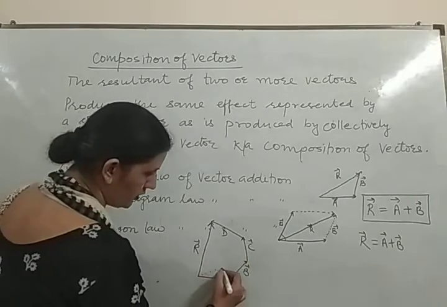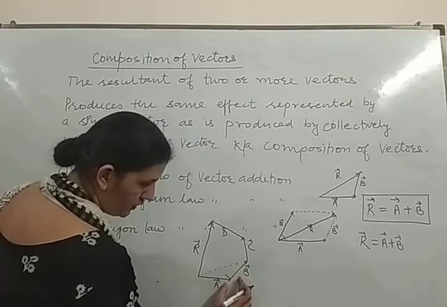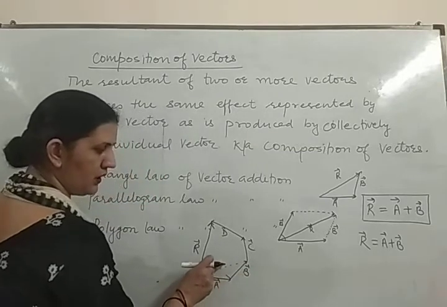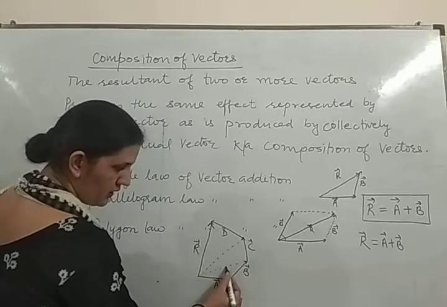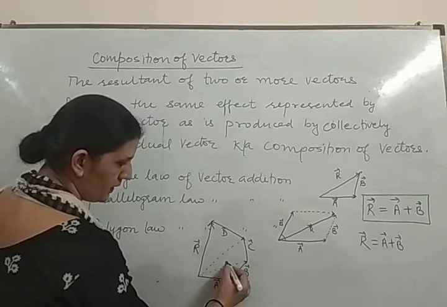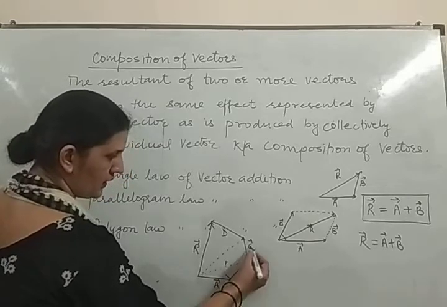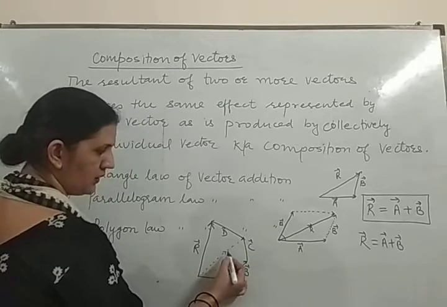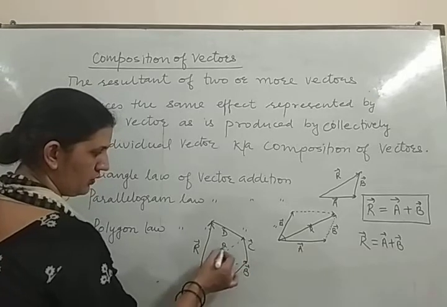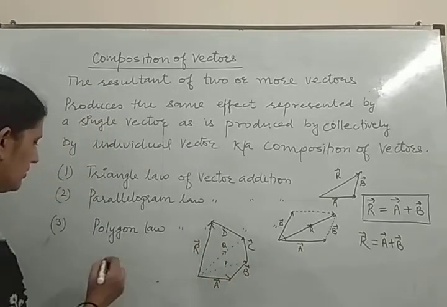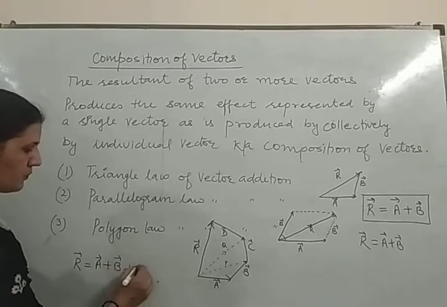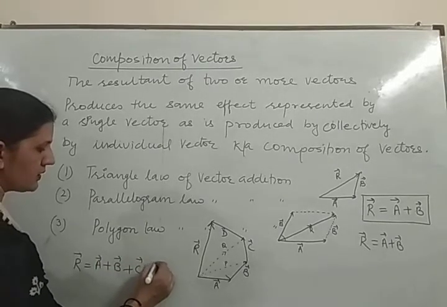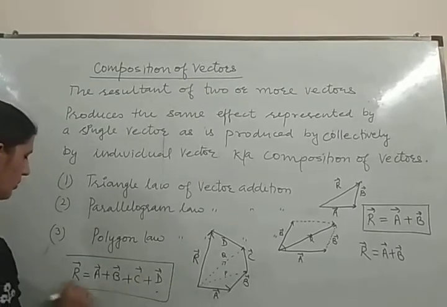First of all, we draw the diagonal. The effect of A and B can be written here, suppose it is P. Then the effect of P and C is Q, and then the effect of Q and D will be R. So we can write vector R is equal to vector A plus vector B plus vector C plus vector D. This is the polygon law.